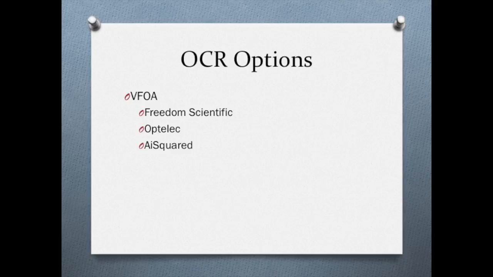Recently, just this week, a company called Verdant purchased Freedom Scientific, and they purchased Optilec last year, I think in the spring. And now they just purchased AI Squared. So now it's VFOA, that's the new company. Just so you know that change has just happened.